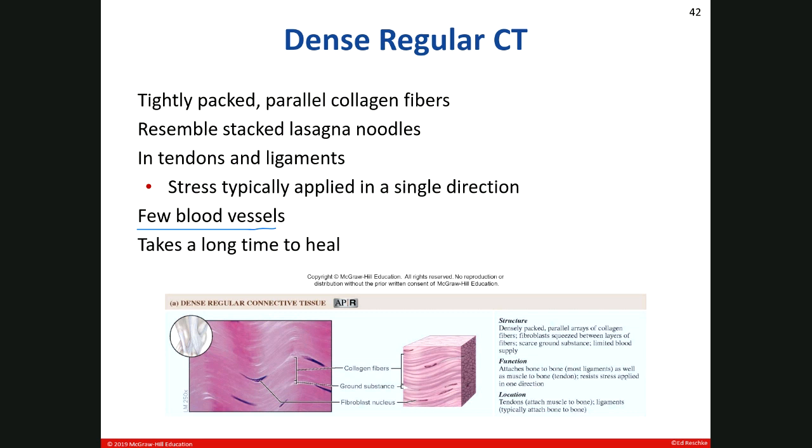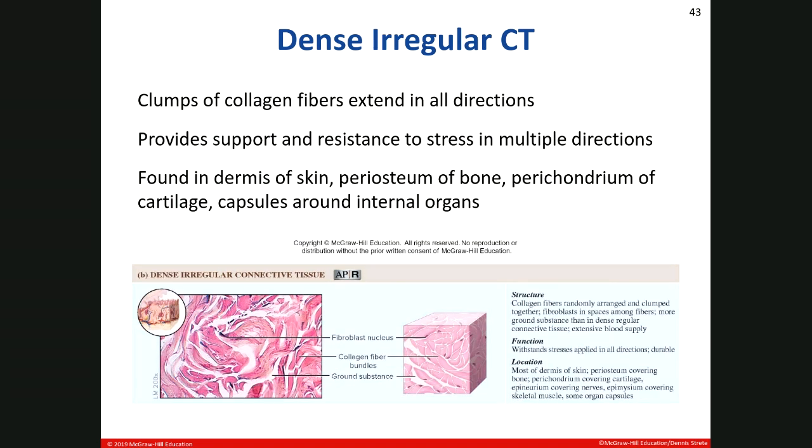All right. The next one is the dense irregular. Okay. So in this situation, the collagen isn't laid down in a nice uniform parallel pattern to one another. It's going to be all over the place, and it's in bundles. The good thing about this type of connective tissue is that it can withstand multi-directional forces, like your skin.